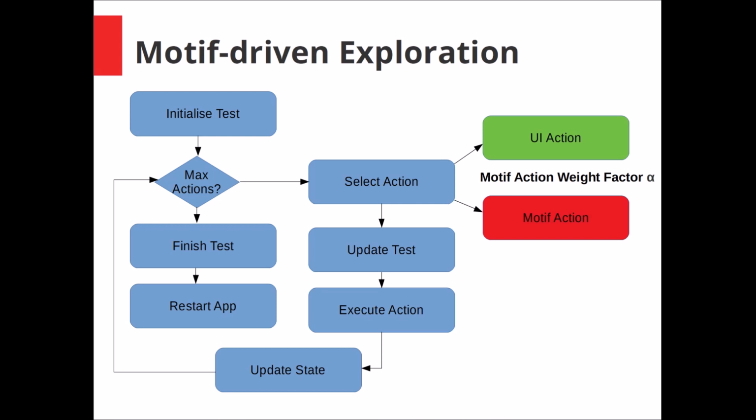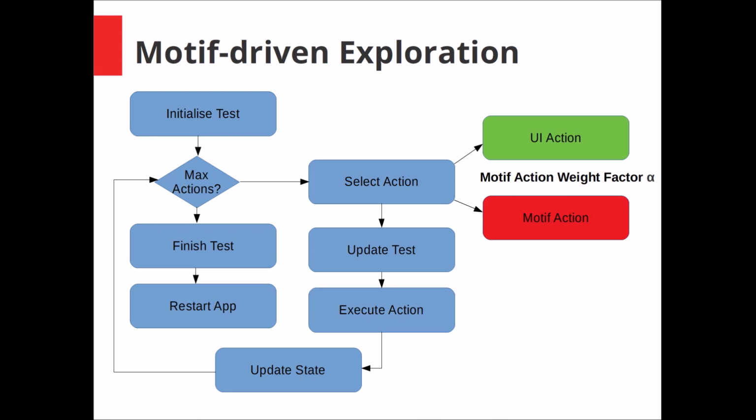The selection of the individual actions works as follows. We compute a probability for both UI and motif actions and then flip a coin. The probability for a motif action is controlled by the number of motif actions in the current state and a user-supplied parameter called alpha.